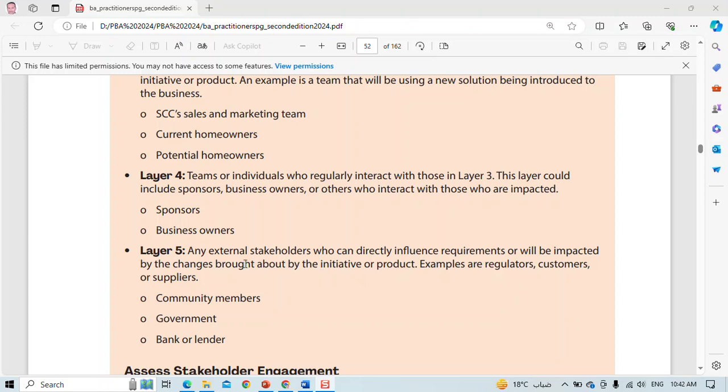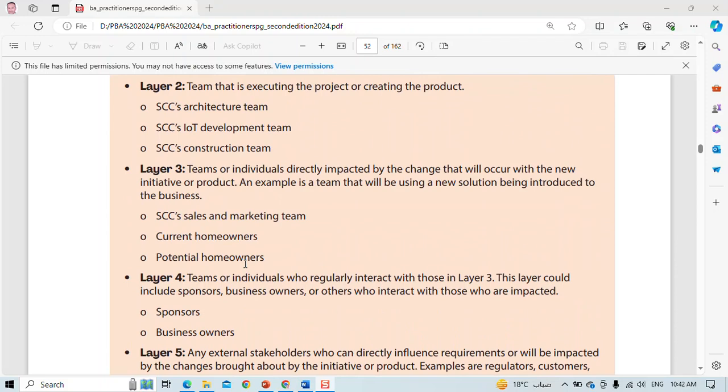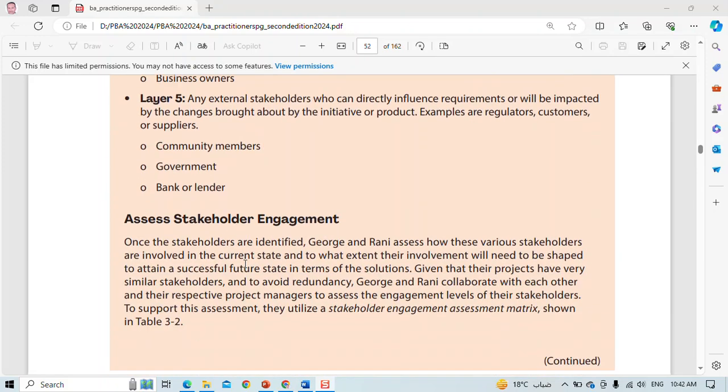For example, community members, government agencies, and bank or lender people. By identifying those stakeholders, we can go through a stakeholder analysis or assess stakeholder engagement.